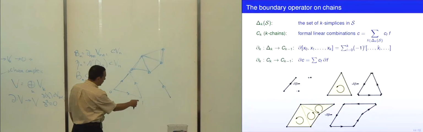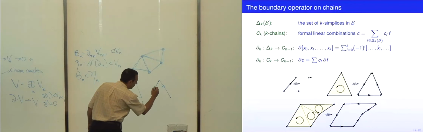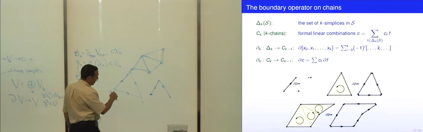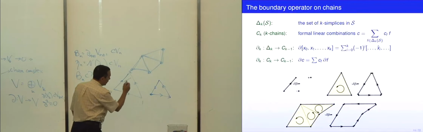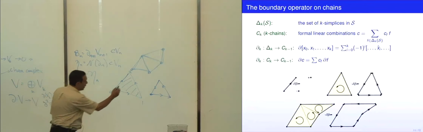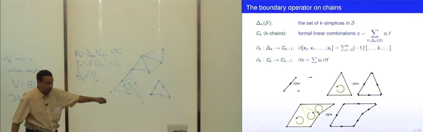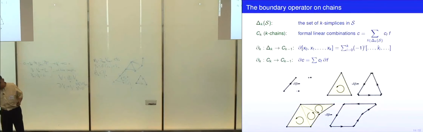Then I leave out 1, so I get 0 to 2, but with a minus sign, so that means I go in the opposite order for that edge. And then I leave out 2, I get 0 to 1 with a plus sign. So if I take this simplex, I get that guy. This oriented simplex, I get that guy. Okay, and of course that extends by linearity to chains.